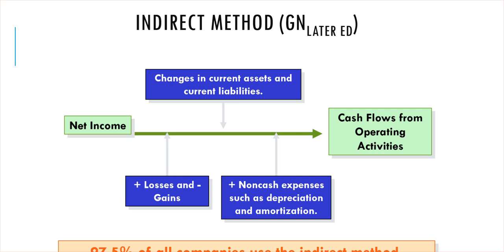So this top part is from current assets and current liabilities changes, and these items down here are really the non-cash income statement item adjustments that are other than changes in current assets and current liabilities.